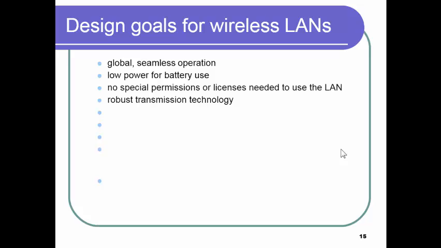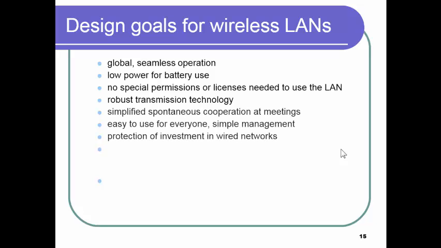The access points and the mobile devices and the wireless standards available with the mobile stations should consume minimum battery. Then in case of limited area applications, at that time no special permissions or licenses are needed to use the LAN.